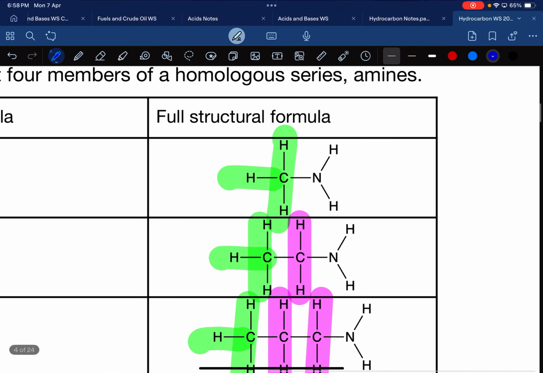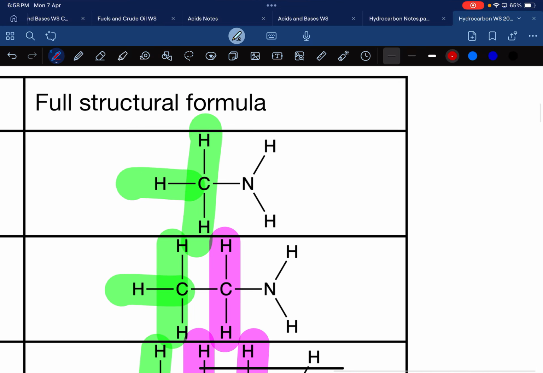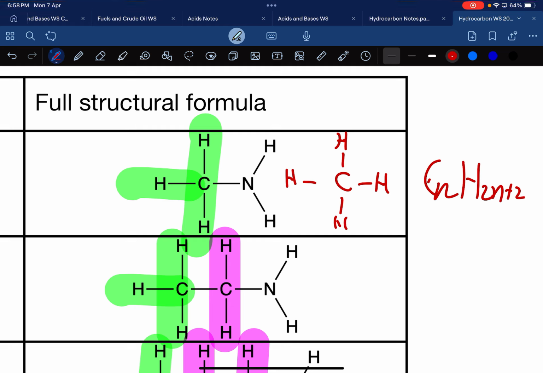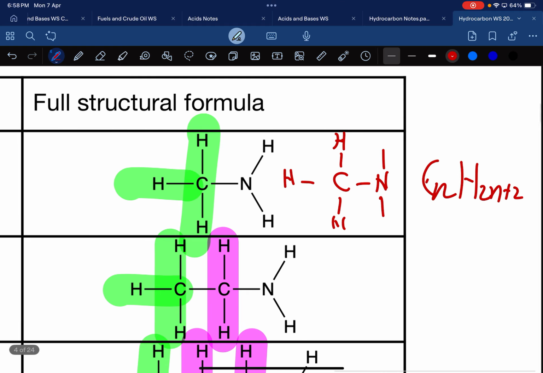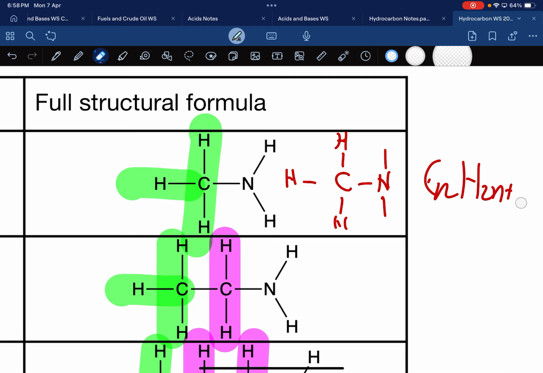It's actually quite simple to do. What we do to establish the general formula is just think about who I start with. This is CnH2n+2, right? So right now I'm just getting rid of one hydrogen and putting an NH2, right? So it will be CnH2n+1, then NH2. This is your general formula.